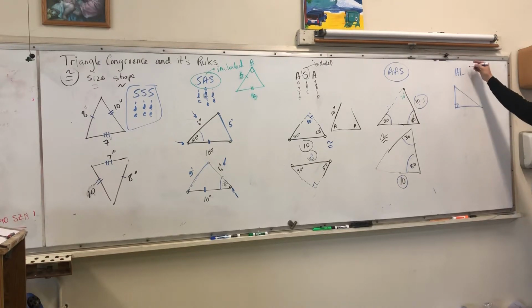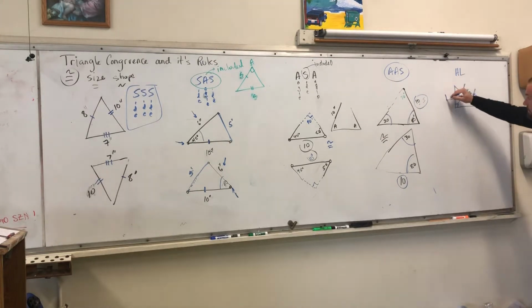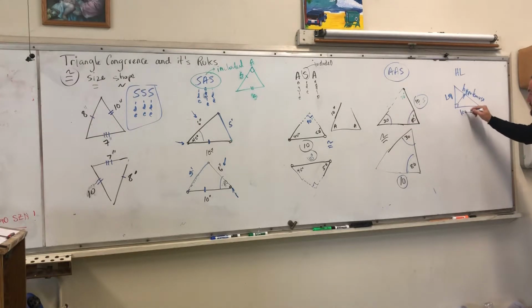Okay, the last rule you guys could use would be what they call the HL rule. We know in a right triangle you have what we call a hypotenuse, which is opposite the right angle, and you have any one of the legs.